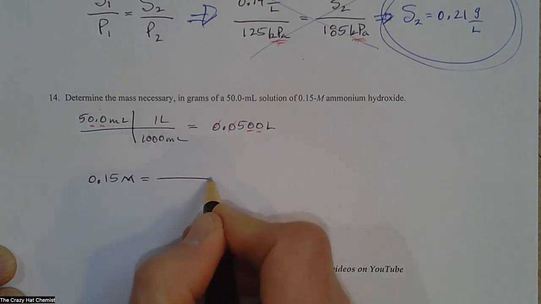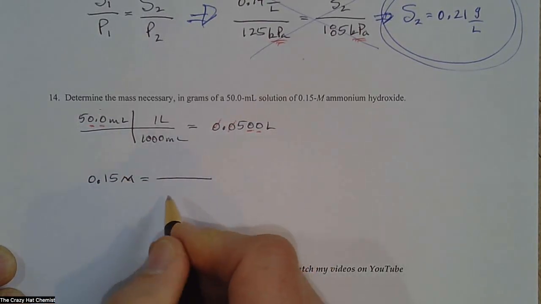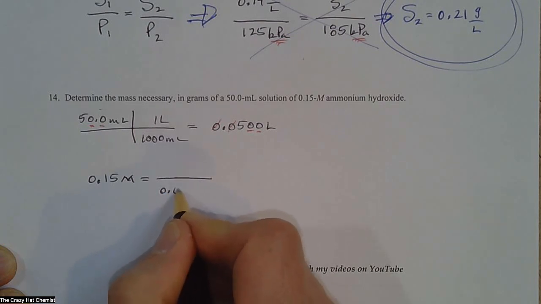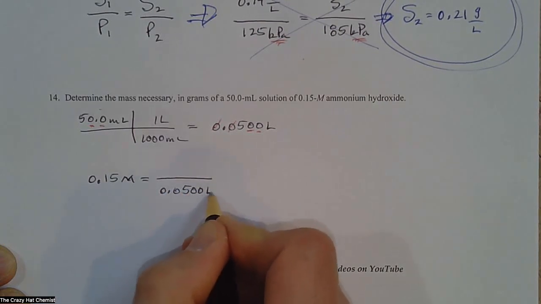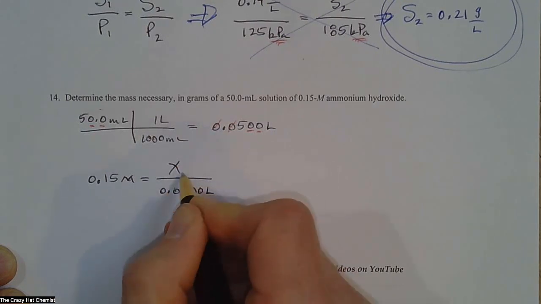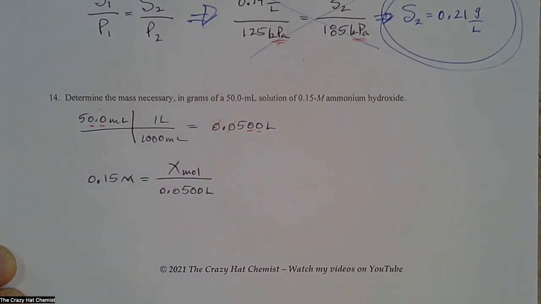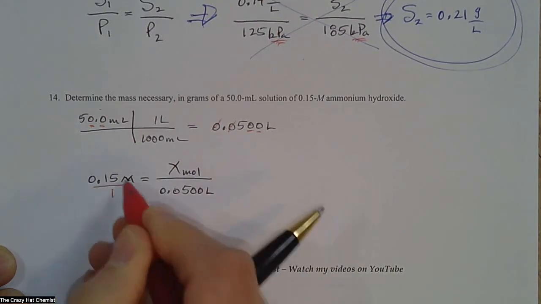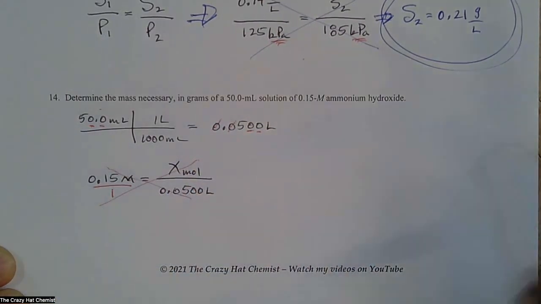Okay, I'm given a molarity, which is 0.15 molar. That is equal to x over 0.0500 liters. And I'm going to solve for x, which is the moles of the solute. So remember, the denominator of every number is 1. I'm going to crisscross applesauce and solve for x moles.